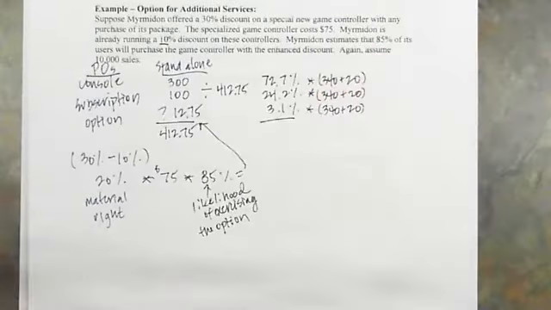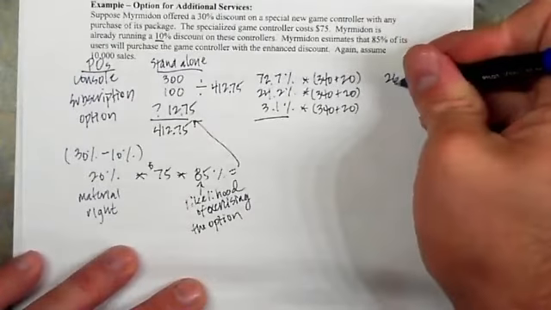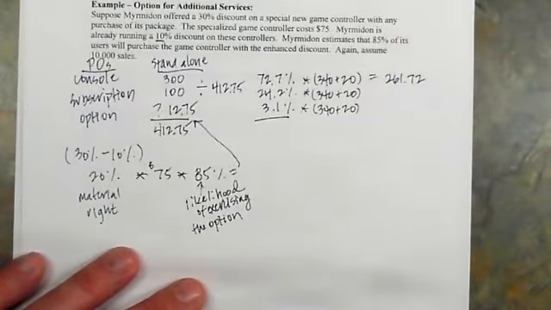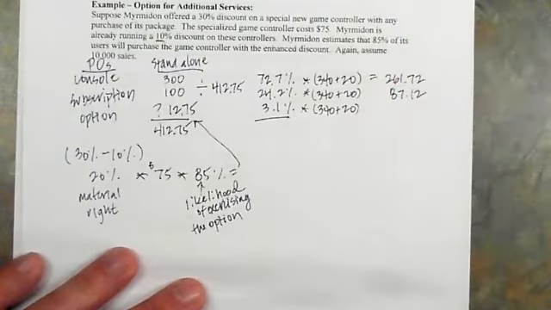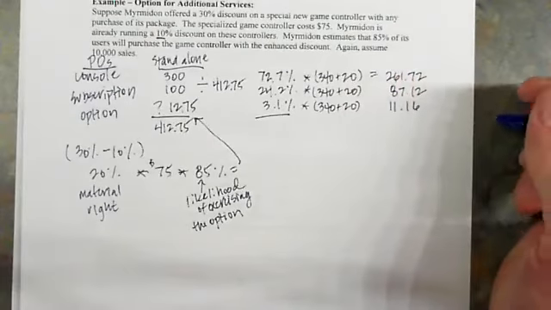That's that prepayment that doesn't offer an additional good or service. 0.727 times 360, 261.72. 24.2% times 360, 87.12, and 3.1% times 360 is $11.16.